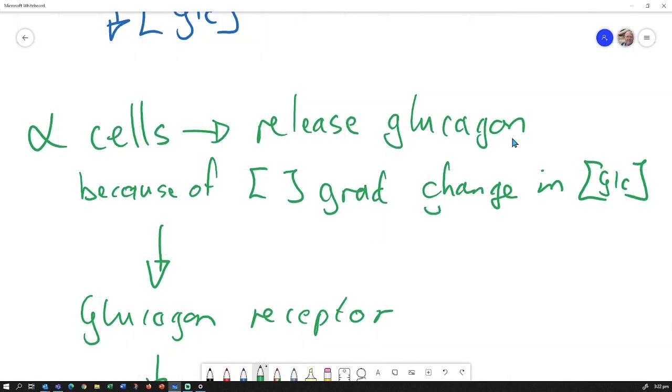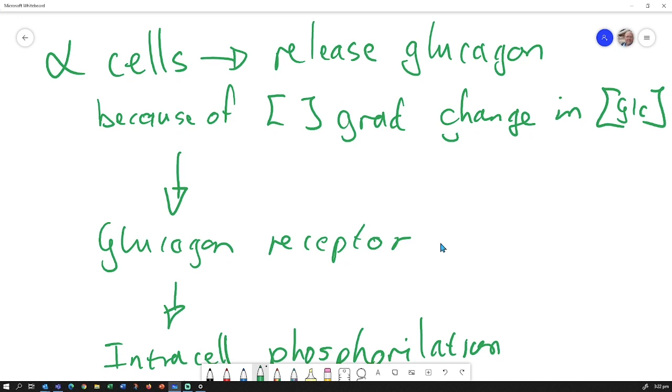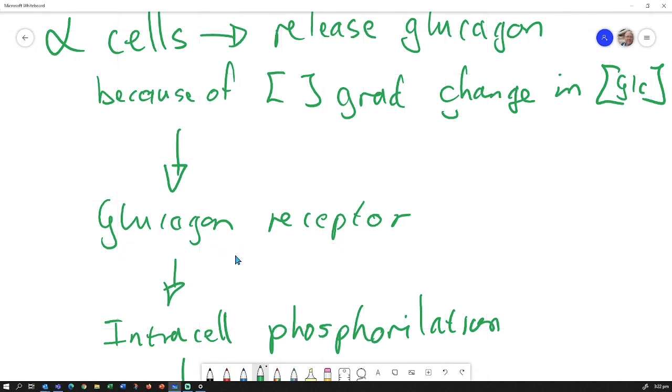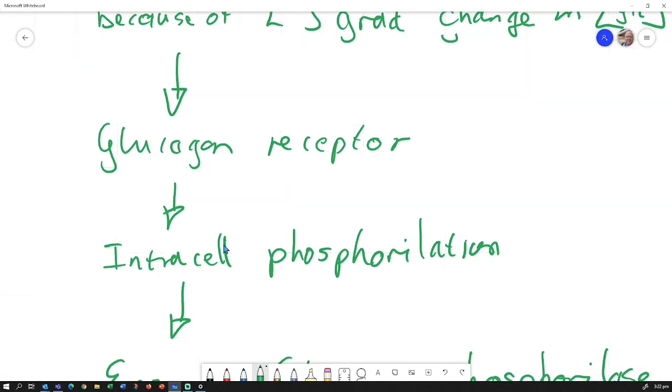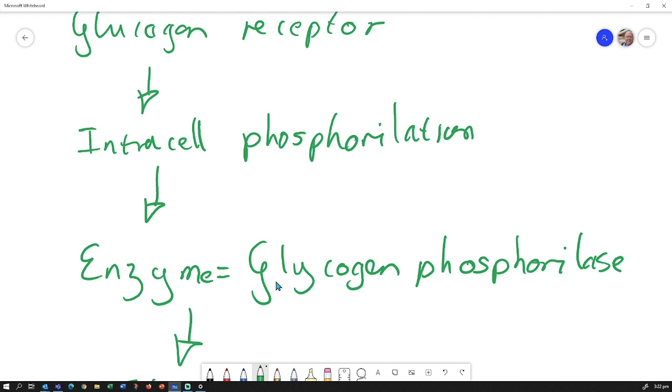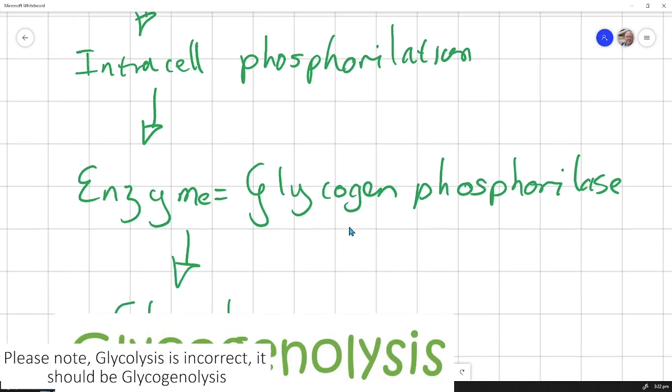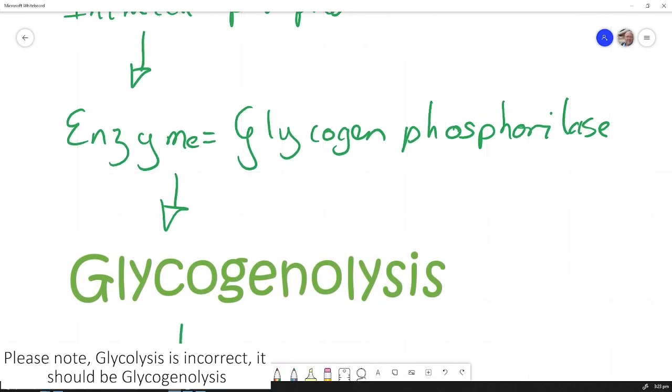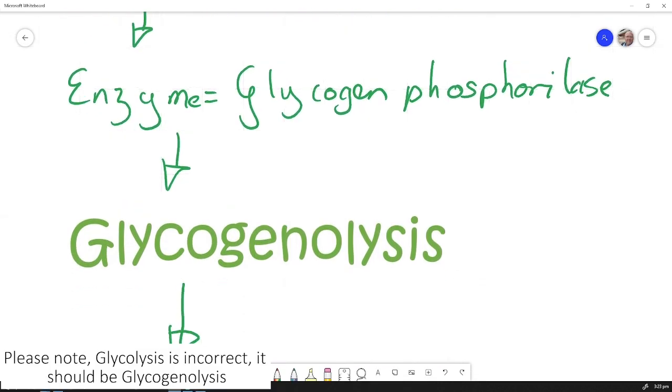So the glucagon is released by the alpha cells, it flows through the body, and on the liver it hits the glucagon receptor. That glucagon receptor then on the intracellular side causes a phosphorylation reaction, which then activates the enzyme, and the enzyme's name is glycogen phosphorylase. Okay? And glycogen phosphorylase drives a process called glycogenolysis.